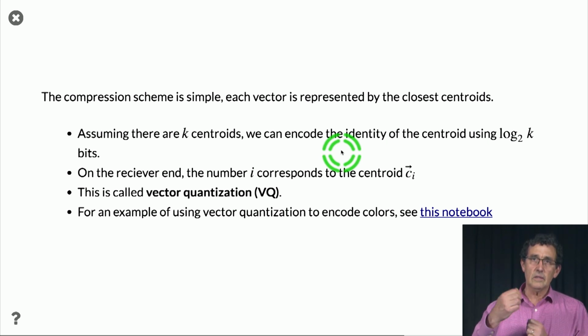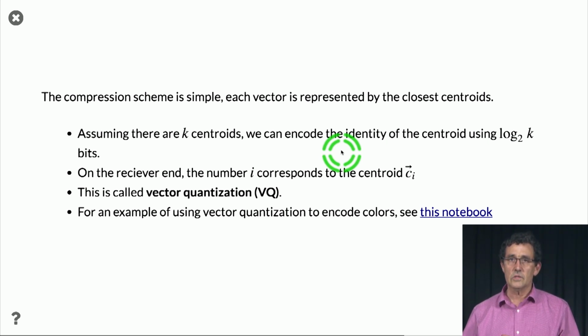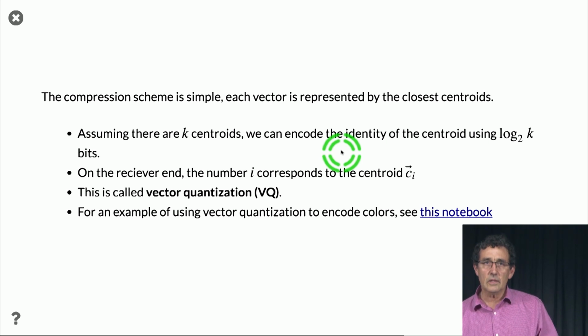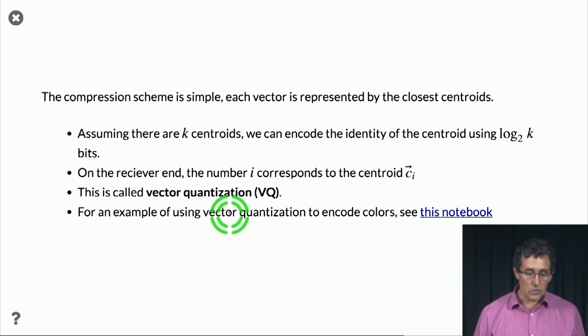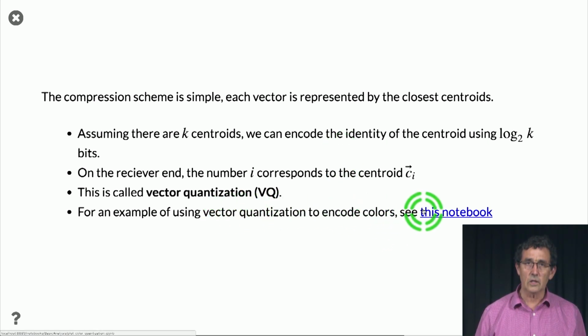And so we send log2 of k bits to the other side, and then the other side just identifies the centroid and uses that centroid as the message. This is actually used quite a lot in various devices. And if you want to see how it is used, for instance, to encode colors in a color space, have a look at this notebook.